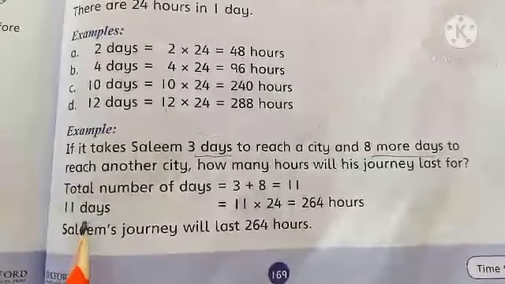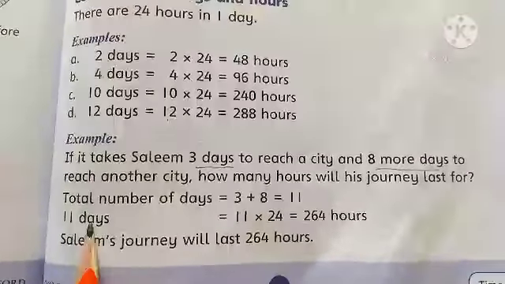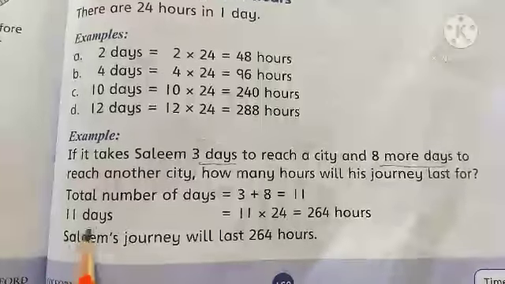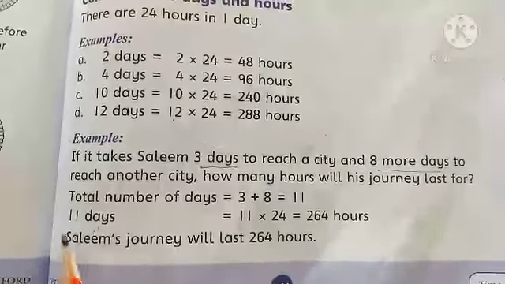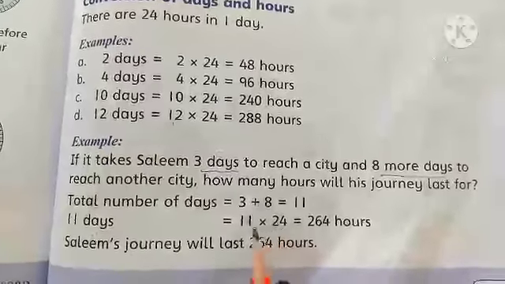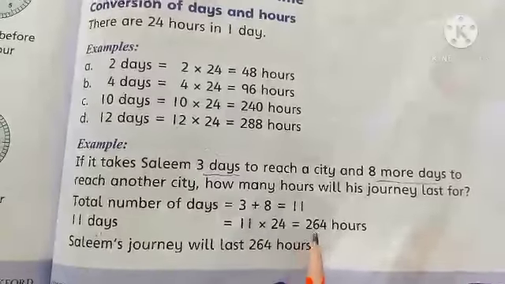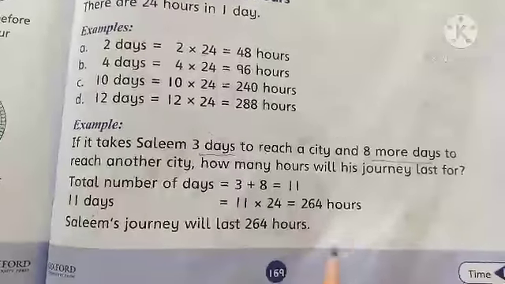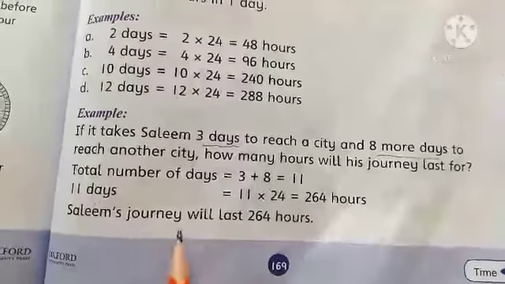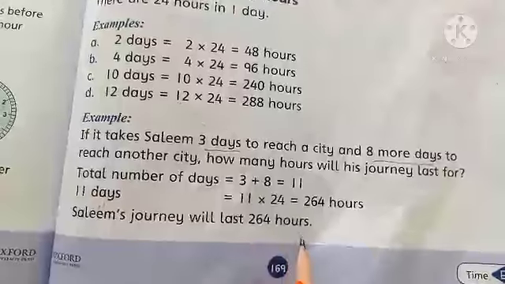Now we have to find out the hours in 11 days. As in one day there are 24 hours, so we will multiply the 11 by 24 and it will be equal to 264 hours. So there are 264 hours in 11 days. Slim's journey will last 264 hours.